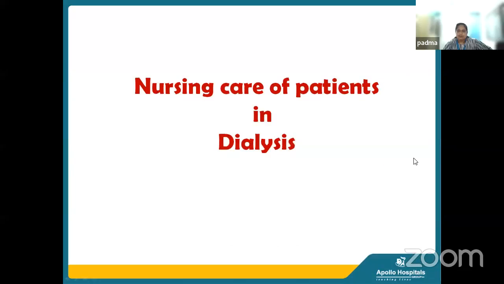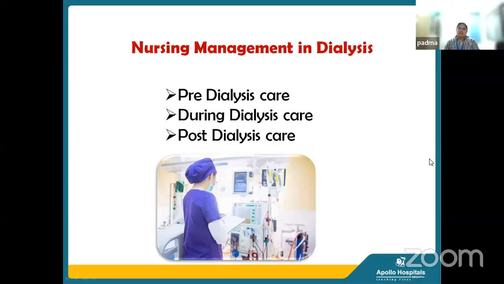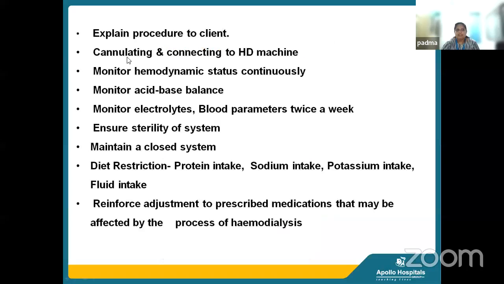So, nursing care of the patients in dialysis. Nursing management in dialysis is basically pre-dialysis care, during dialysis care, and post-dialysis care. So, pre-dialysis care: the dialysis in the units basically goes on like this. As soon as we receive the patient in a dialysis unit, explain the procedure to the patient, and we need to check the access, cannulating and connecting the HD machine.